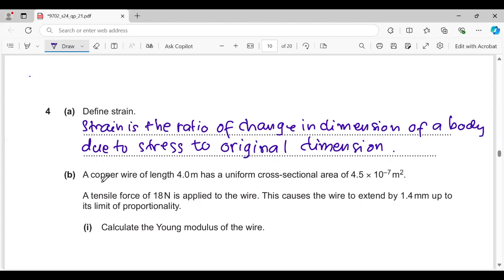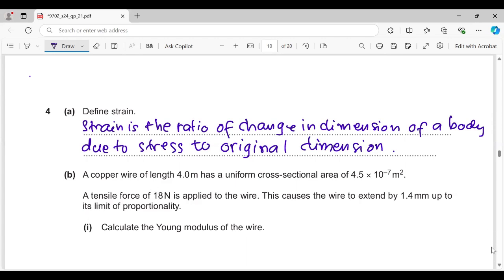Next, B, a copper wire of length 4 meters has a uniform cross-sectional area of 4.5 times 10 power minus 7 meters squared. A tensile force of 18 Newton is applied to the wire. This causes the wire to extend by 1.4 millimeters up to its limit of proportionality.